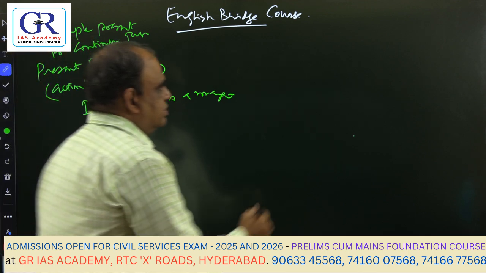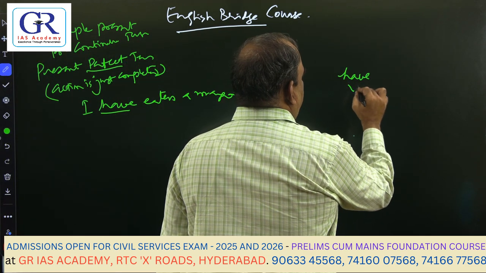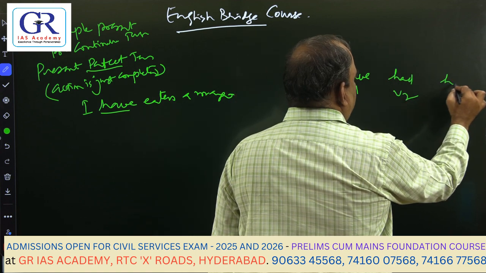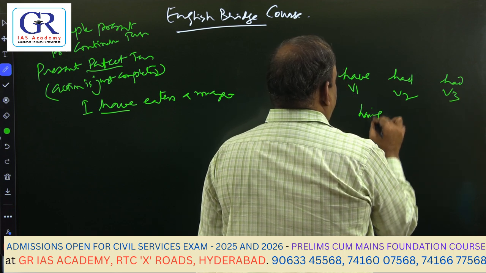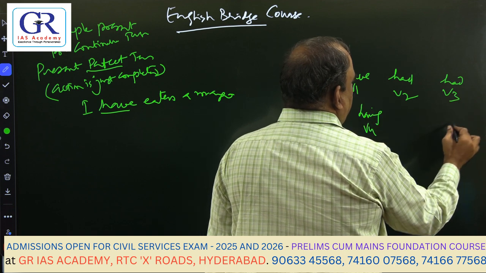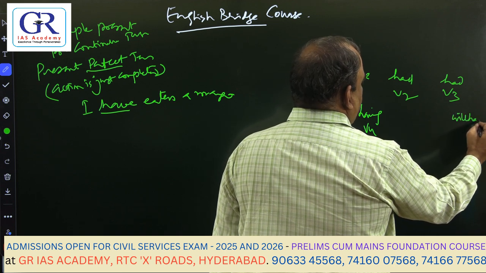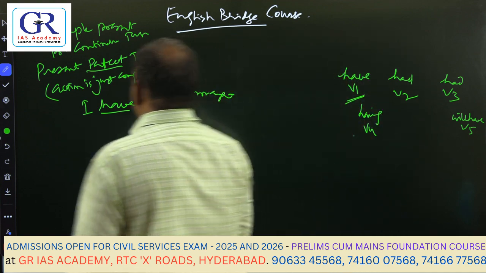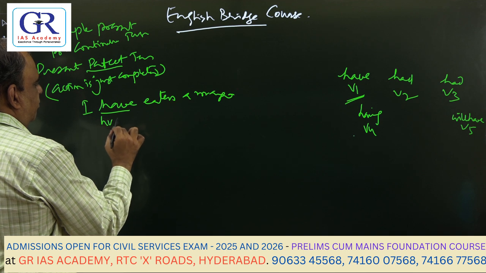Have is V1, had is V2, had is V3, having is V4 and will have is V5. So have is V1 form.